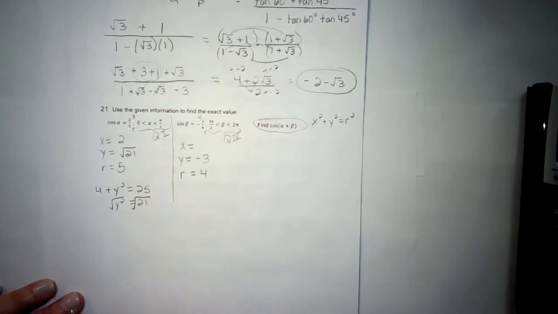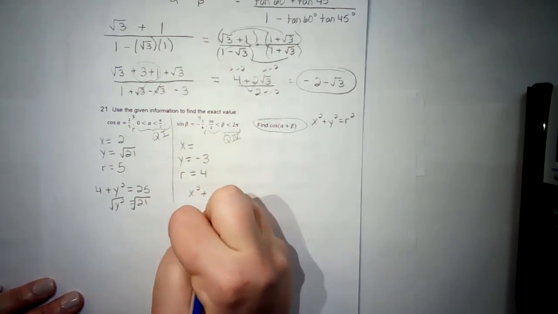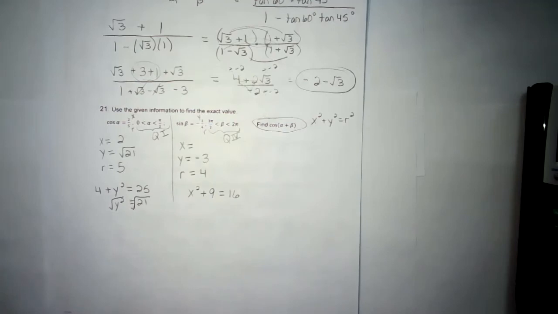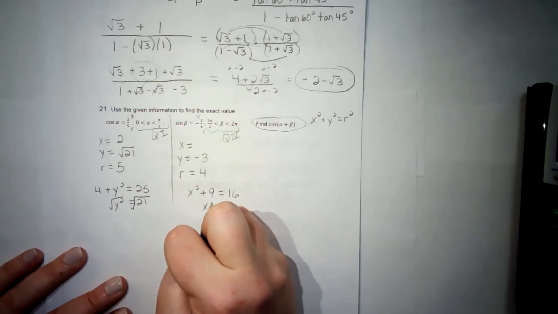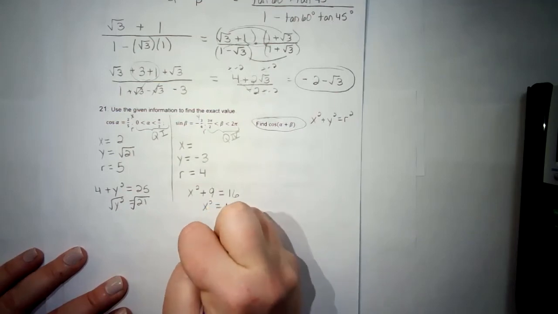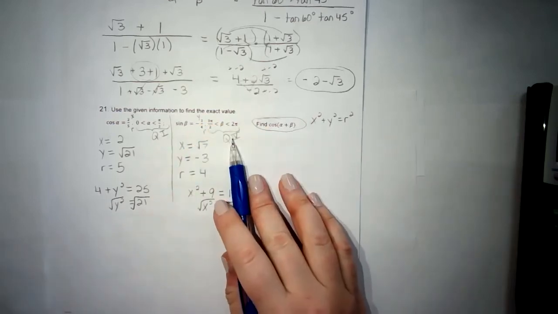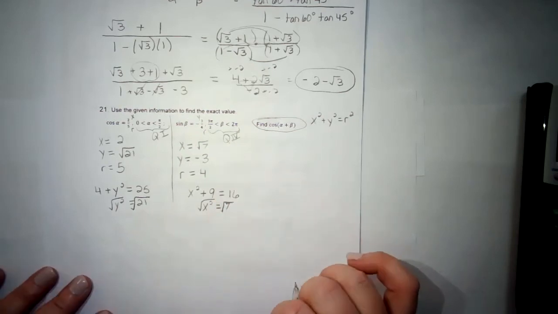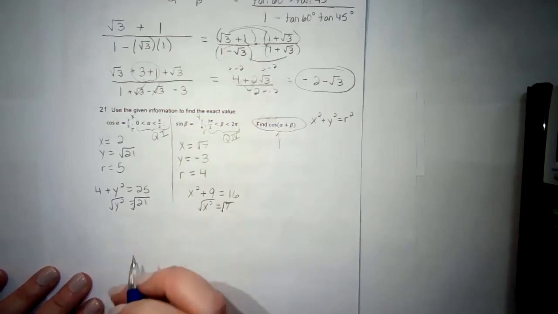Our r is 4. Okay, we're going to use Pythagorean to find x squared. Okay, turns out in this case, our x squared is 7, and x is root of 7, and it's going to be positive because x is positive in quadrant 4. Okay, now we're ready to use this and find our answer.